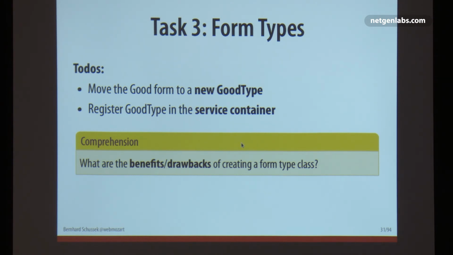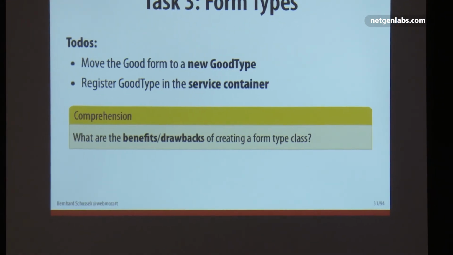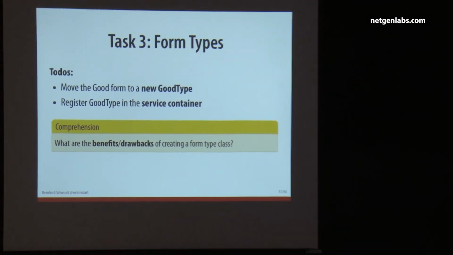And again, I would like you to think about the benefits and drawbacks of creating a form type instead of configuring it in the controller. Any ideas? Reuse of code.